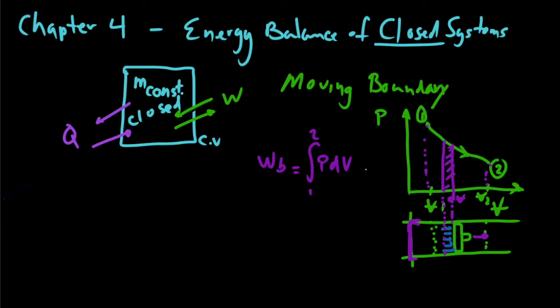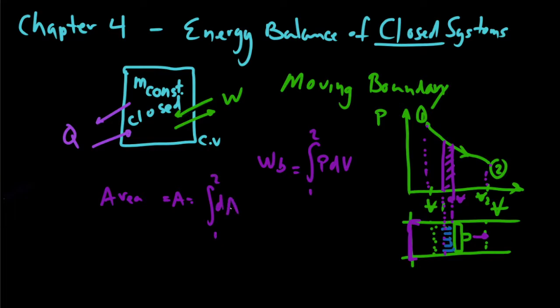And we're just saying pressure times a small volume change, the integral of that, is equal to the boundary work. And how do we characterize area? Well, area, which is A, is equal to the integral from 1 to 2 of dA.